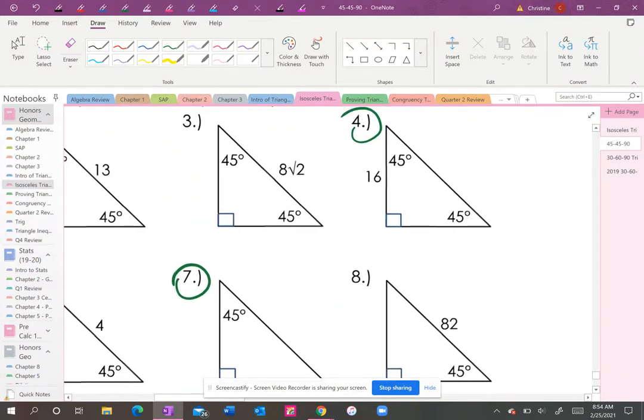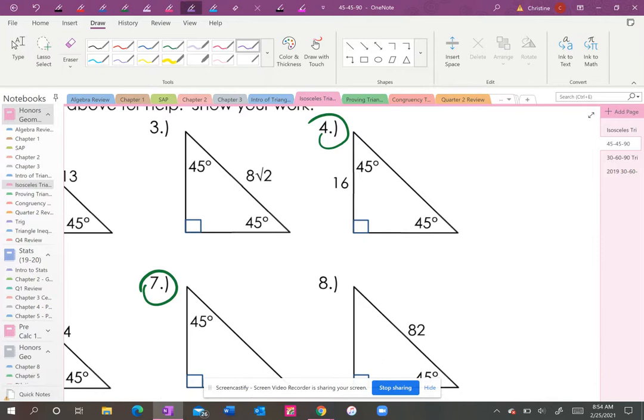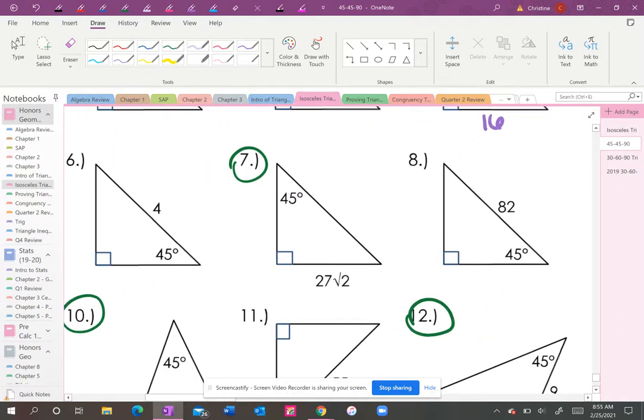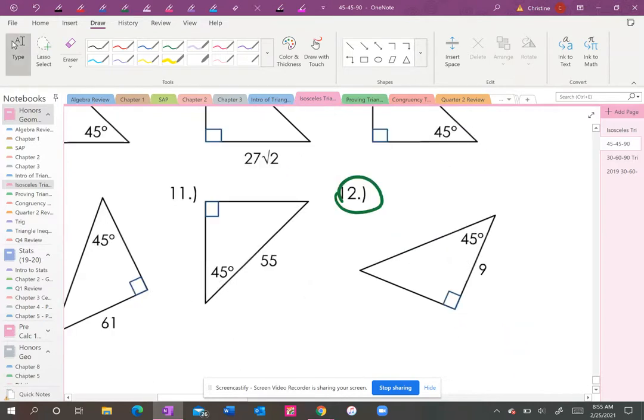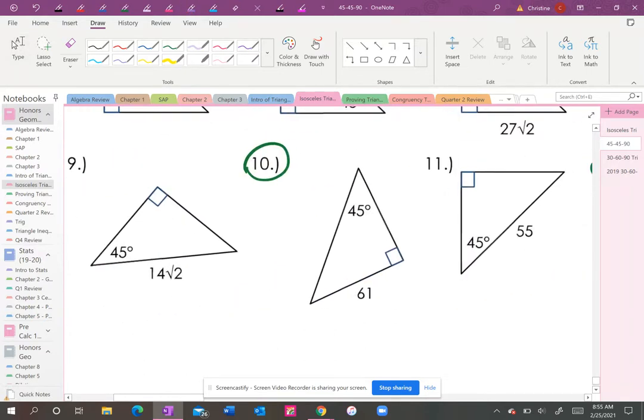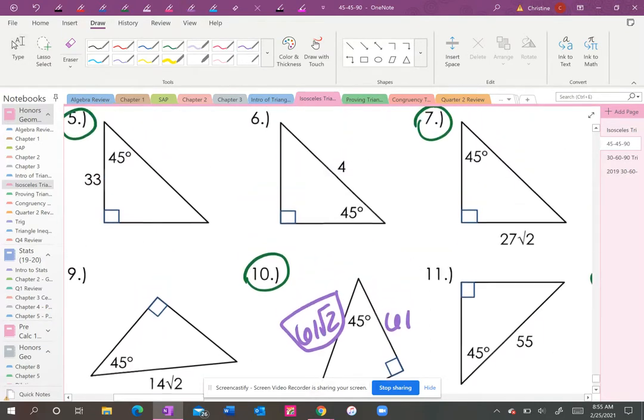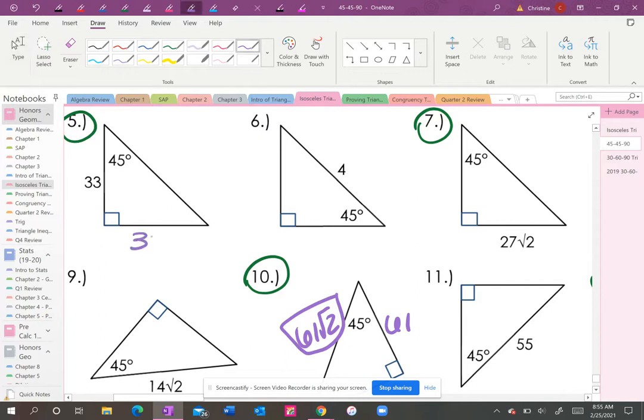There is another special right triangle that will not have 45 degrees. 16, 16, 16 root 2. Let's go to 21, or 12. 9, 9, 9 root 2. 61, 61, 61 root 2. 33, 33, 33 root 2.